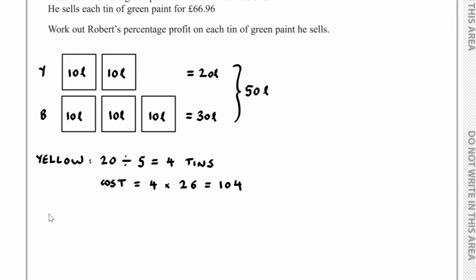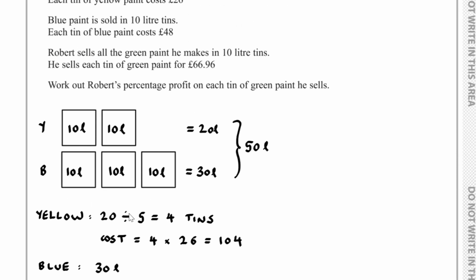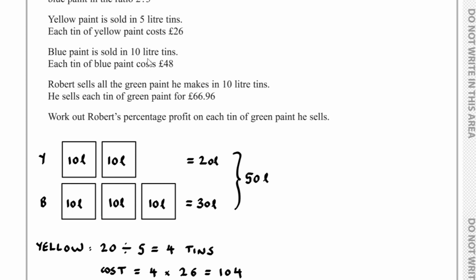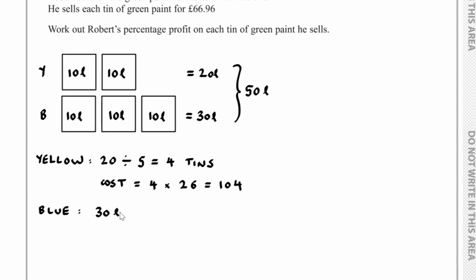and for blue paint we have 30 litres in total, and we know that blue paint is sold in 10 litre tins, so if I divide this by 10, that tells me that I require 3 tins of blue, and the cost of this would be 3 times 48, which is 144.